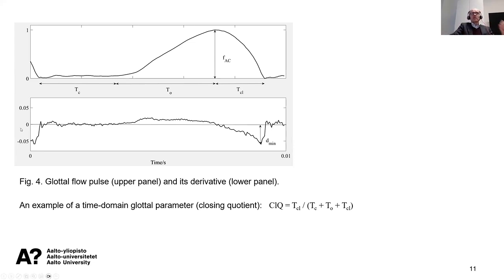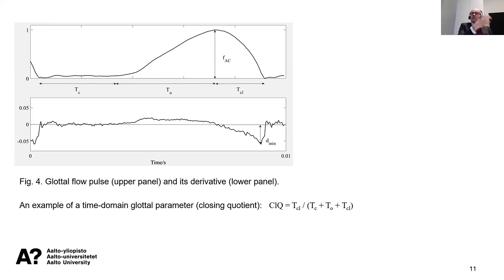For instance, in this picture here, the upper panel shows one glottal cycle computed most likely from my voice with inverse filtering. What is worth noting here is that this y-axis is always arbitrary if we use free field microphone recordings.